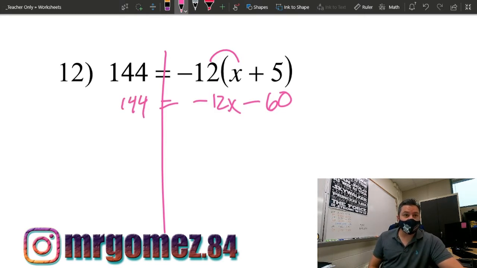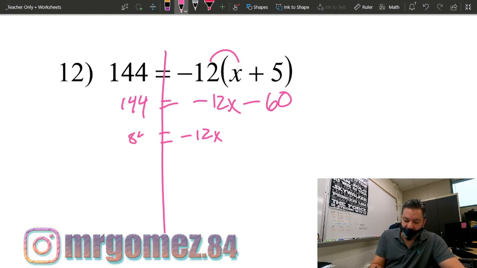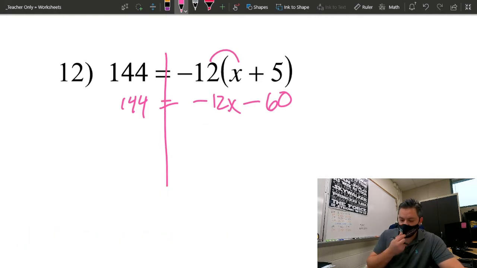We haven't done anything there yet. So now, first thing I got to get rid of is that minus 60. So I'm going to add 60. So on this side, I have negative 12x. And on this side, I have 84. I got to add 60, right? So that's plus 60. So this is 204.